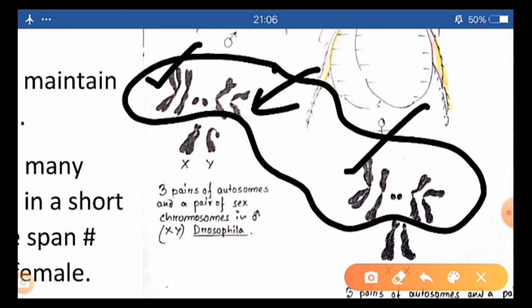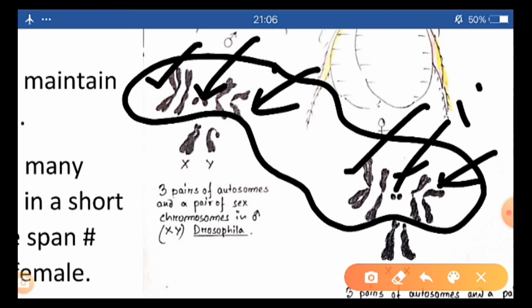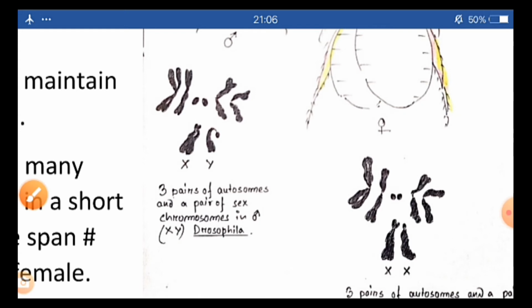It is same for the second pair also, and the third autosomal pair also is same. That is, in case of the autosomes, these are morphologically same in male and female.